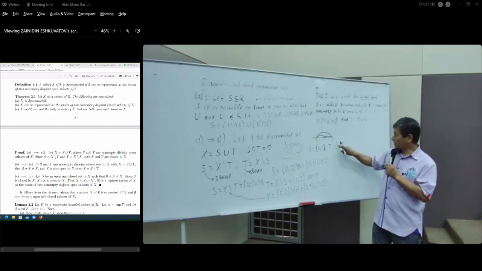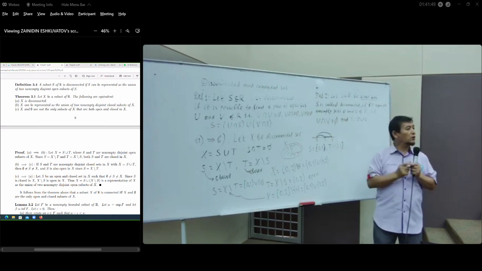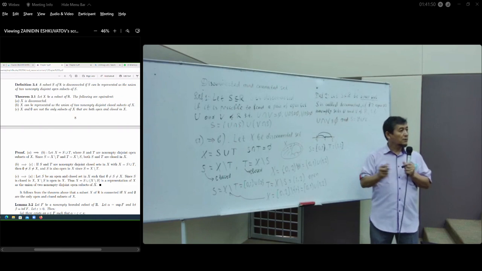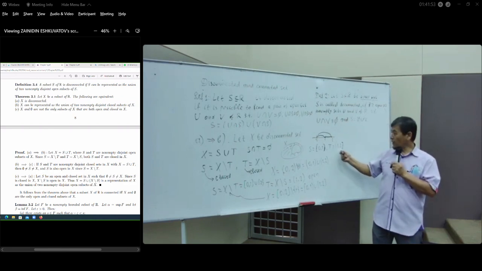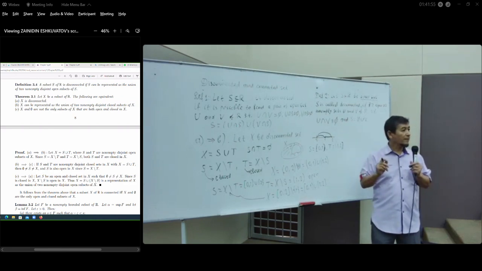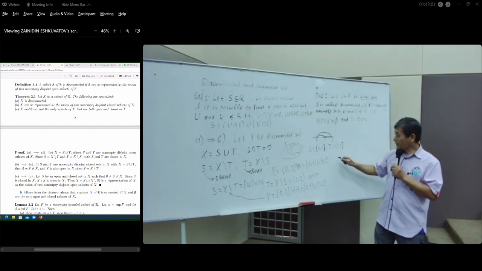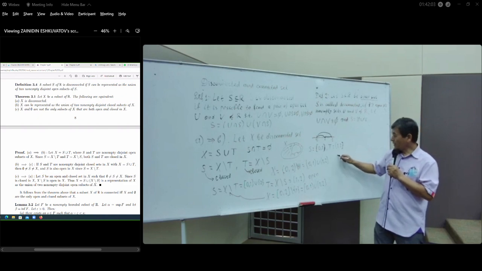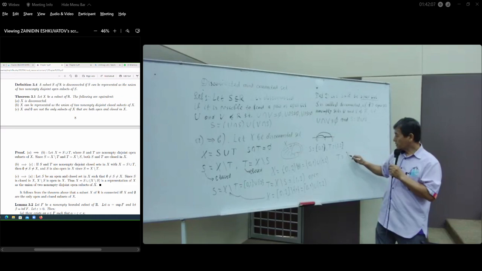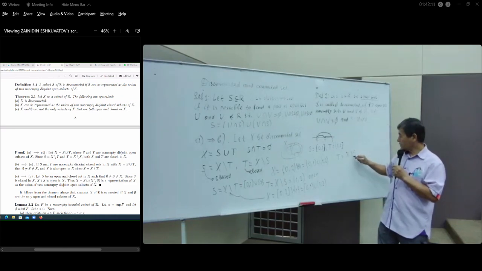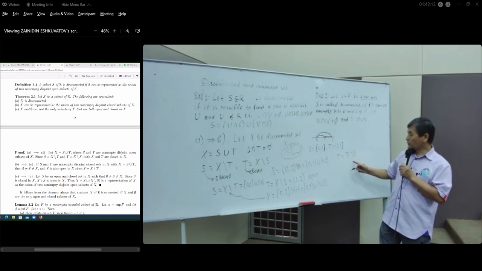I cannot take it like this. If I take open like this, it is not a closed set. You see, 0 to 1 and 1 to 2 is not a closed set. So from X, if I take out S, I will have T. X minus S is actually equal to T.